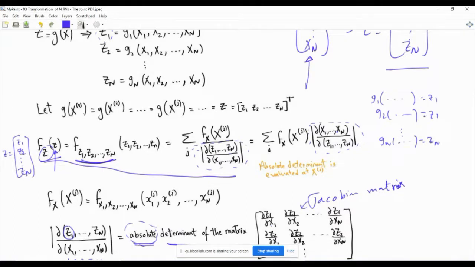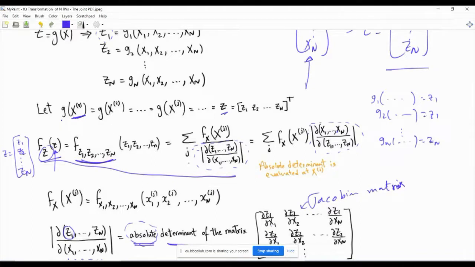I will assume that the solutions take this form. So x superscript 1 is a solution. It's some values of x1, x2 up to xn, such that if you apply g to those x's, you will get small z. Now, this system can have just one solution, or it may have no solution at all, or it may have multiple solutions.